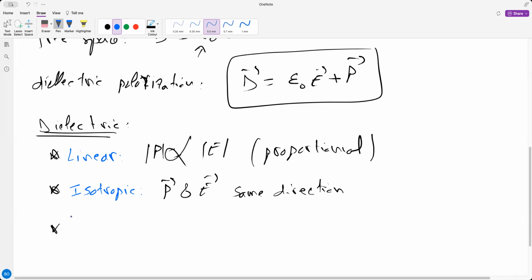A dielectric is also called homogeneous if the permittivity, the permeability and the conductivity are constant throughout the medium.